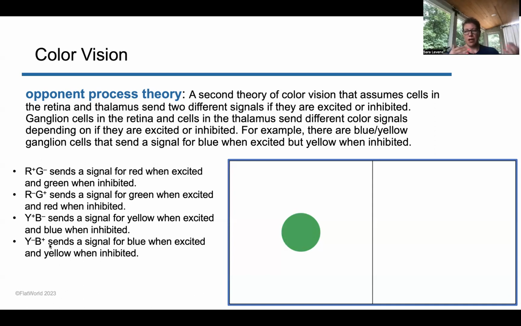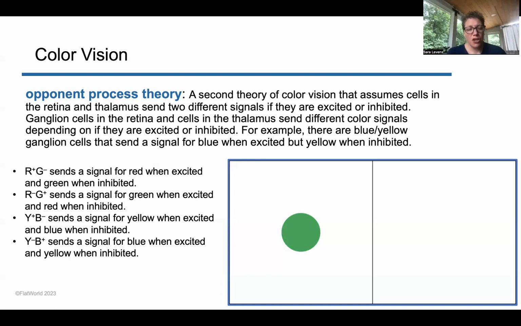Through processing this signal from the receptors, coming down and forming aspects of the optic nerve to go into the thalamus, a neuron can send a signal that is an excitatory signal for red, but then green gets inhibited, which is why you can't have those two together.